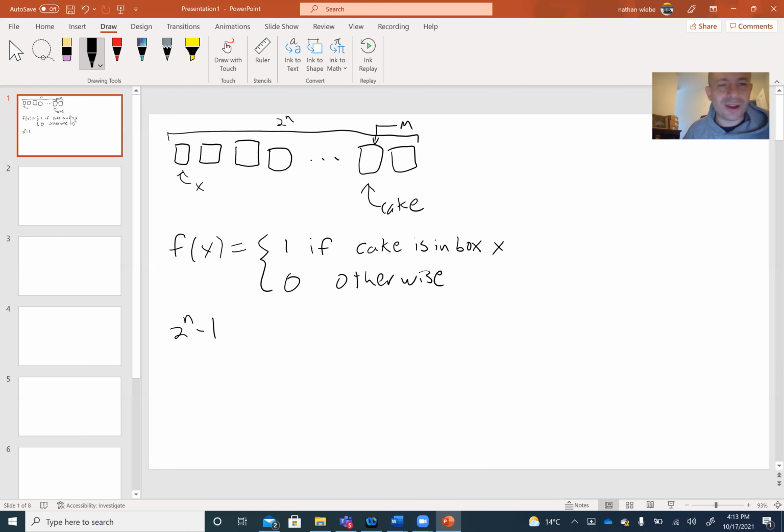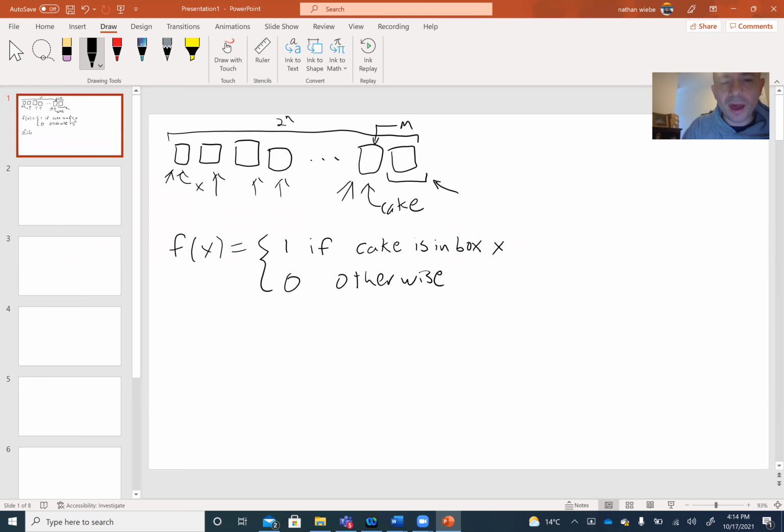So in the worst case scenario, we could envision going through the entire list, checking every single location and not finding it. If we've gone all the way on to the last location, then we don't need to check the last box. We know the cake's in it. So therefore, that's 2 to the n minus 1 queries we need in the worst possible case to solve this on a classical computer.